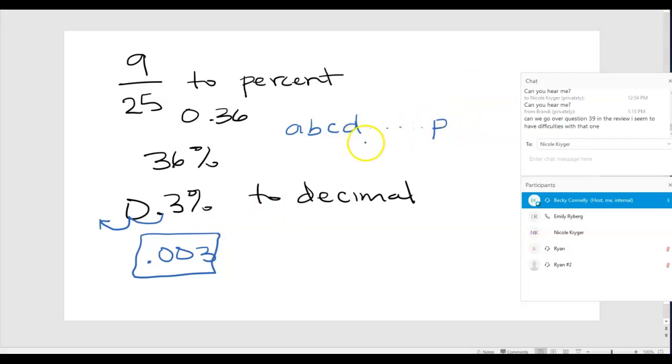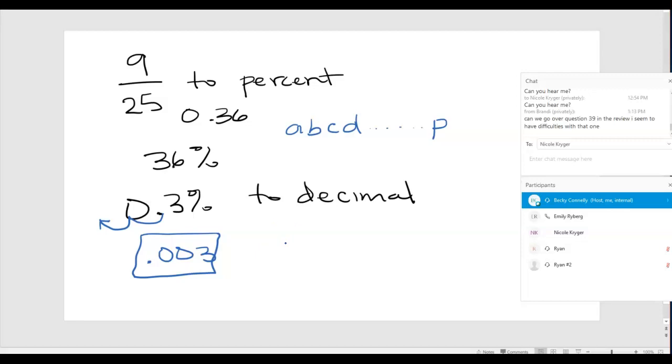So if you're going from a decimal to a percent, so going from D to P, you're moving to the right. Does that make sense? And if you're going from a percent to a decimal, you're moving to the left. So it's a silly way to help people remember, because especially in testing situations, they're like, wait a minute, which way am I supposed to move this?